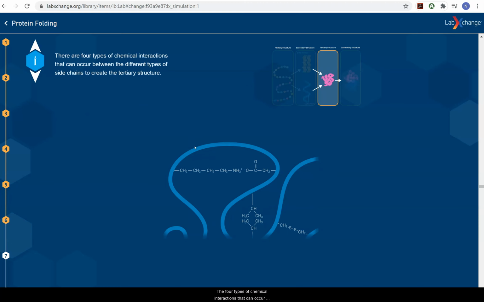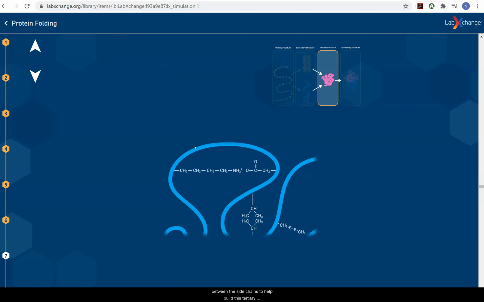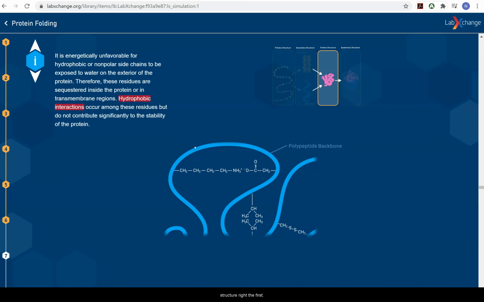So there are 4 types of chemical interactions that can occur between the side chains to help build this tertiary structure. All right, the first, so here this blue line illustrates the polypeptide backbone, or the backbone of the protein structure. The first component that's going to help the protein fold are going to be hydrophobic interactions.